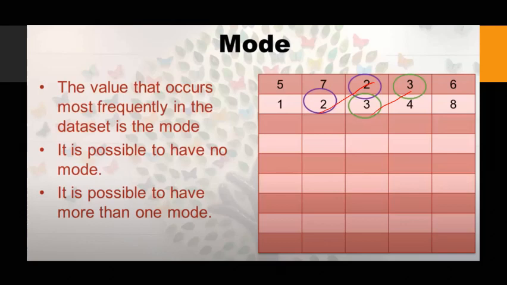If we have several different values that both occur an equal number of times in your data set, then you may have 2 different modes. We can even have 3 modes. If we had two 6s here, that would also be the case. We would just have 3 modes.